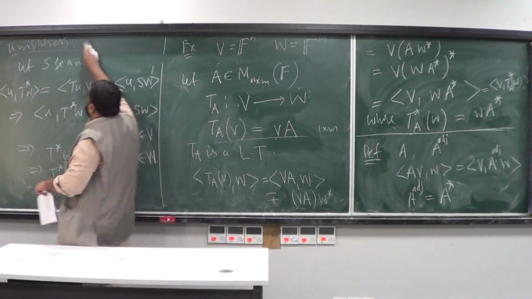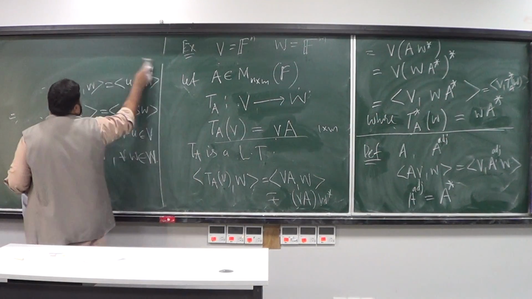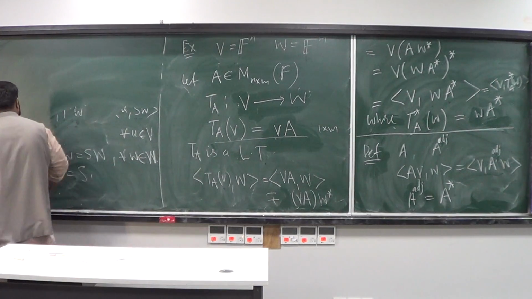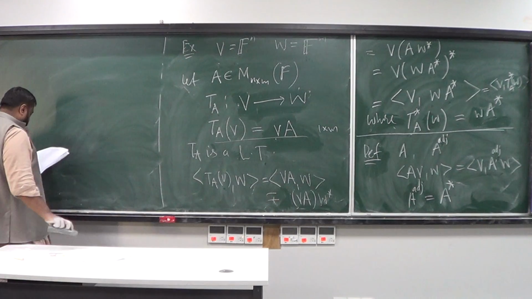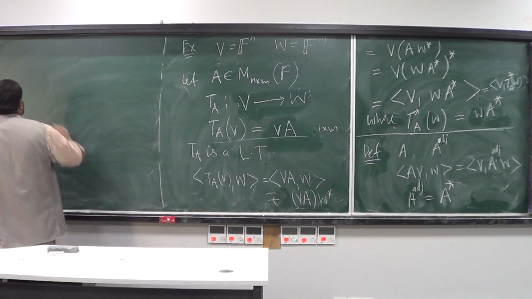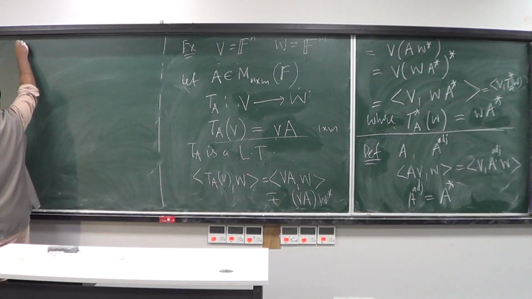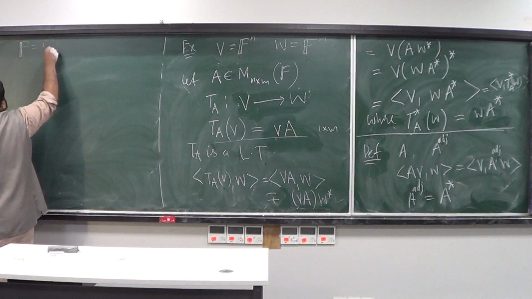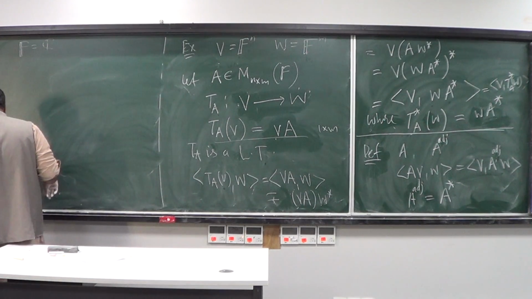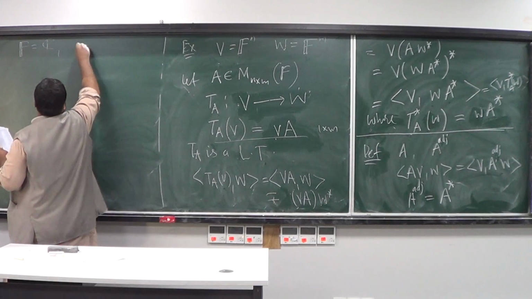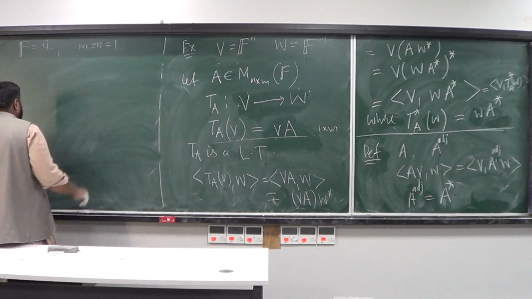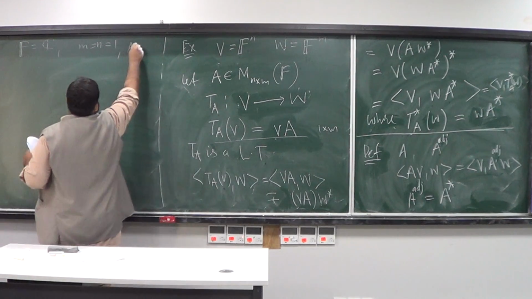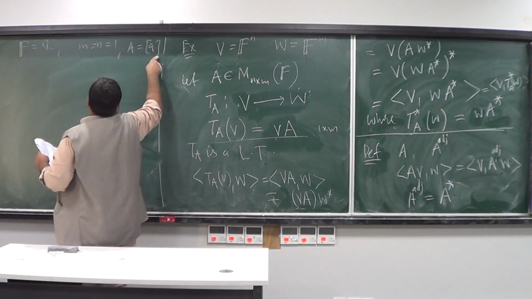Let's move to the next example. The next example goes like this. Pretty simple example. Let's take the field to be the set of complex numbers, and in the previous example let's take m and n as one dimension, and let's take A to be a simple one by one scalar.